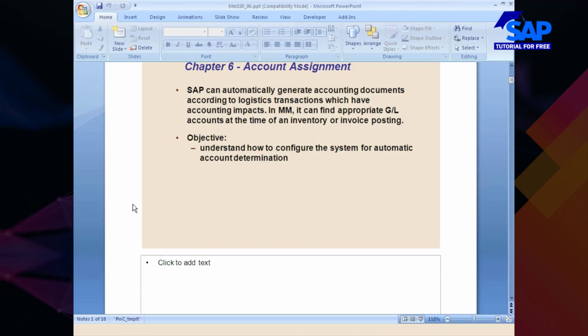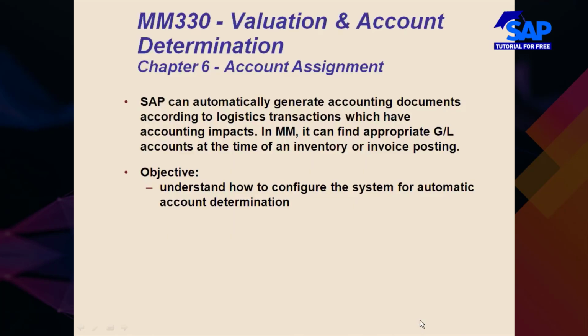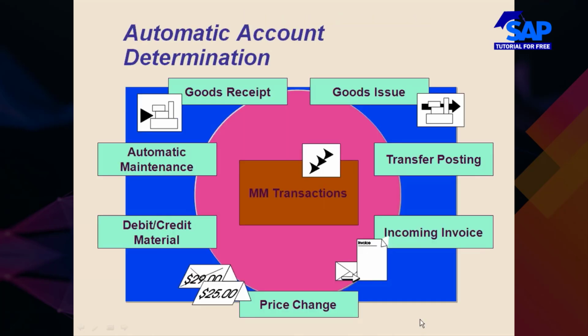In both of these occasions, the accounting document will be generated. Now let's see when the automatic account determination takes place. I would say virtually all the inventory transactions where there is a financial impact.